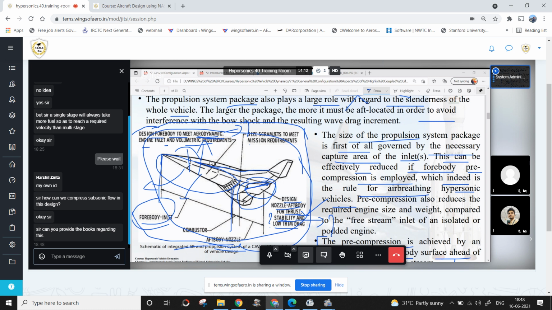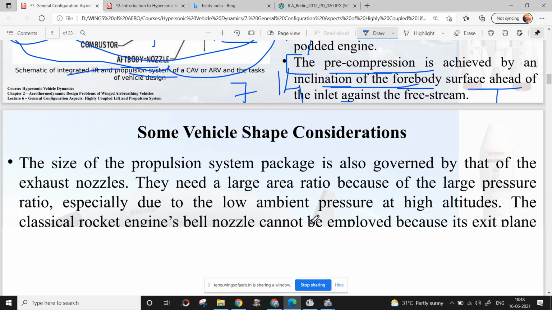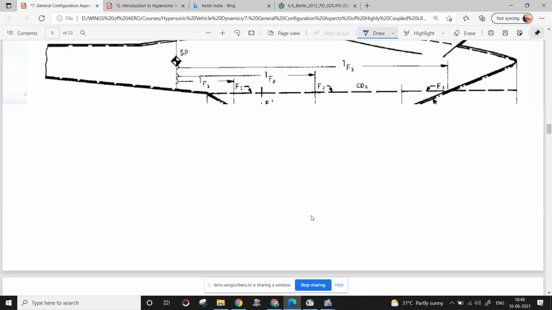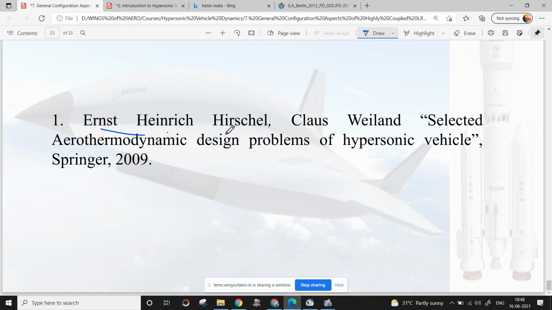Can you provide the books regarding this? Yes, I can provide. The most important book is Ernst Heinrich's book, and I will share the link. You can look into that: Selected Aerothermodynamic Design Problems of Hypersonic Vehicles.